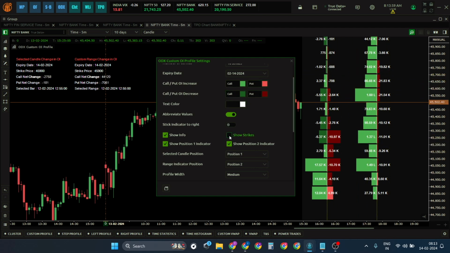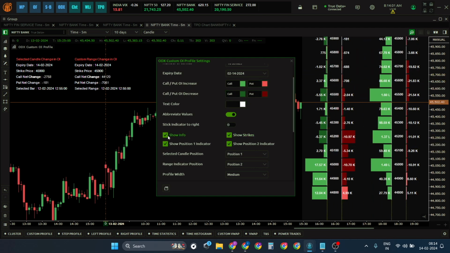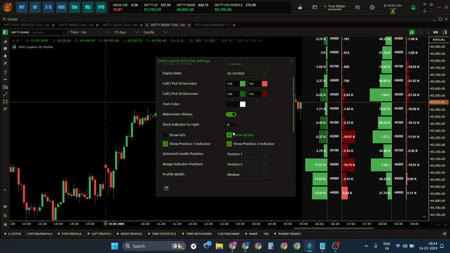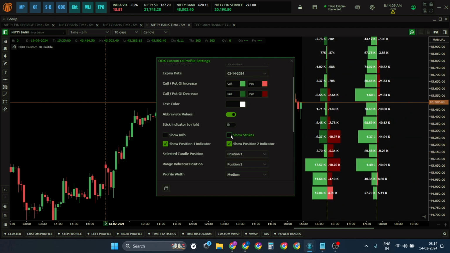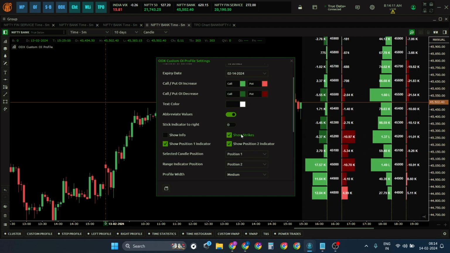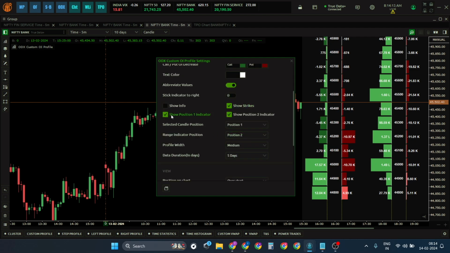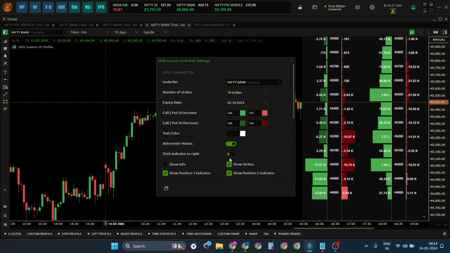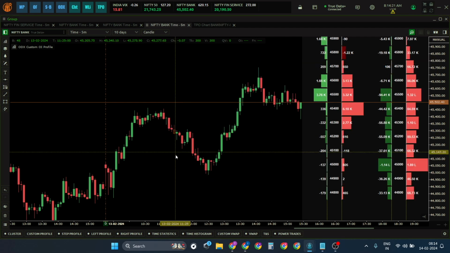That's the reason we have the next option. So the show info I usually keep unchecked, and for strikes, if you check this, you can see the strikes we got in the middle, right? So this is very helpful. Now the remaining part like show position 1, show position 2, and all this part we're going to discuss in a few minutes, because after the concept we will discuss that.